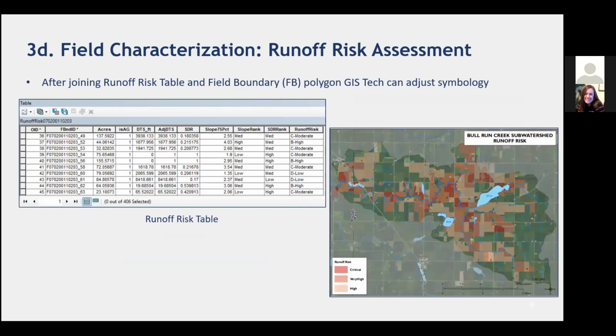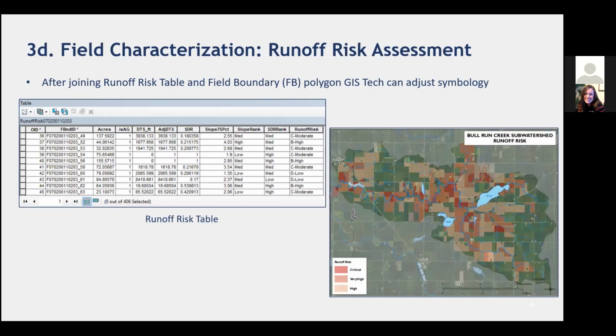Your table shows that the last column has runoff risk: very high, high, moderate, and low. It also provides how the sediment delivery ratio is considered low, medium, high, also with the slope.